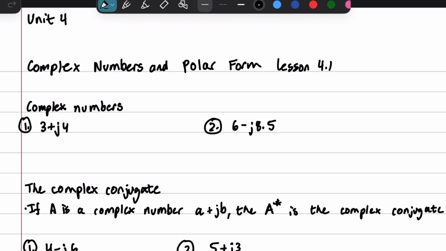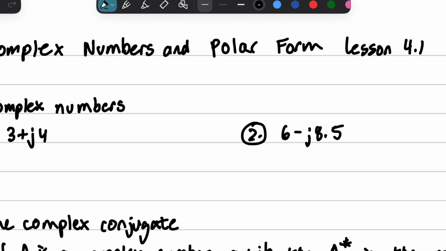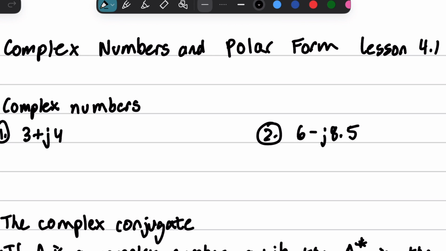But for this video, I want to stray away from the electrical engineering portion first, and talk about some basic math stuff, because a lot of the times when I talk to some of my classmates, they get a little confused on the notation.